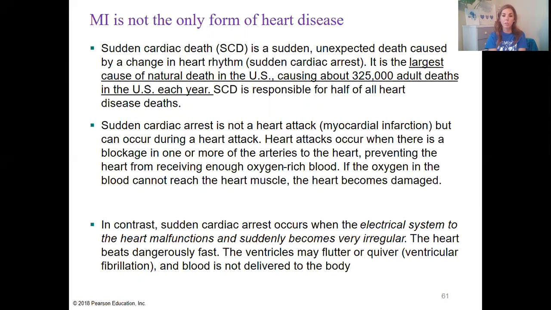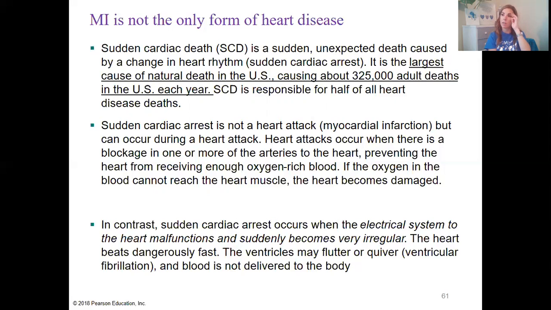Now, MI is not the only form of heart disease. There's also sudden cardiac death, SCD. So this is sudden and unexpected due to a change in heart rhythm. So this is not necessarily a blockage within the coronary circulation, but this is a problem with the conduction system that's going to then affect the heart rhythm. So each year there are a lot of people who die from sudden cardiac death.